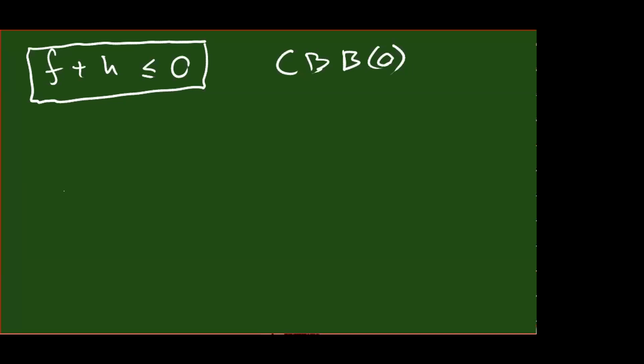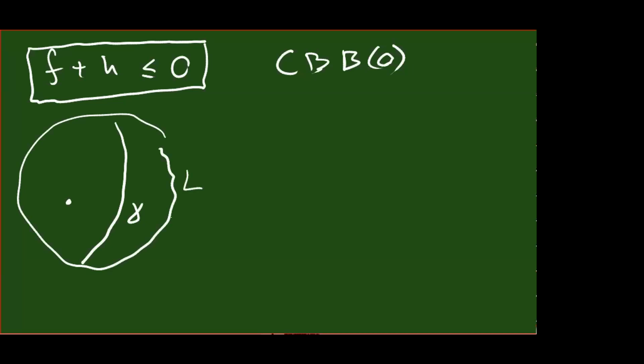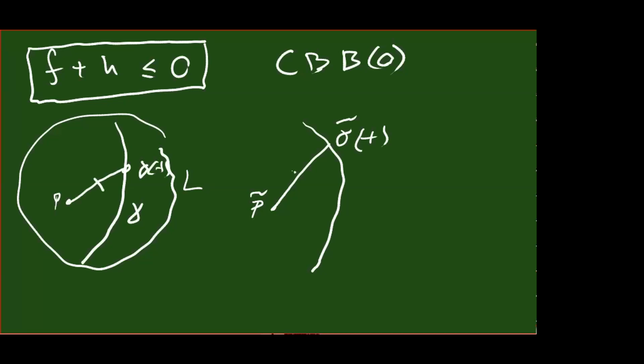So what is the development comparison? Assume I have a geodesic gamma in my metric space L, and I have some point p that I don't want to lie on gamma. Then I can construct another curve in the comparison space, in our case the Euclidean plane, gamma twiddle and p twiddle, such that the distances from p twiddle to gamma twiddle of t are exactly the same as the distances from p to gamma of t for all t, and gamma twiddle is unit speed.